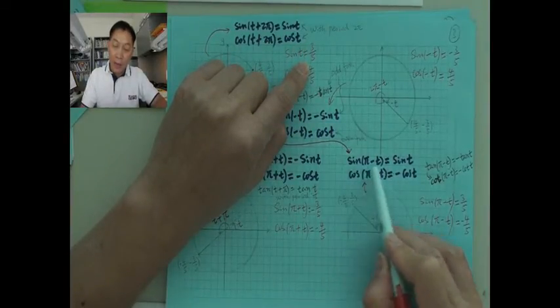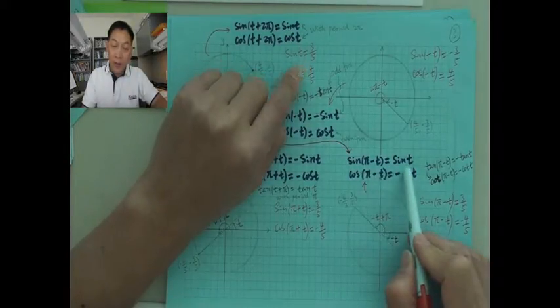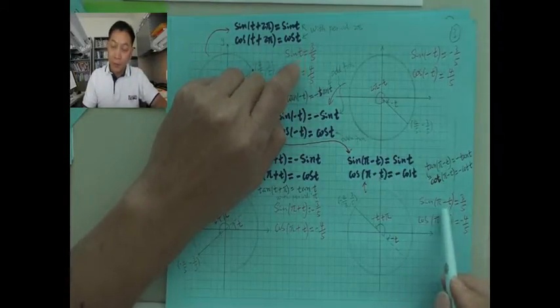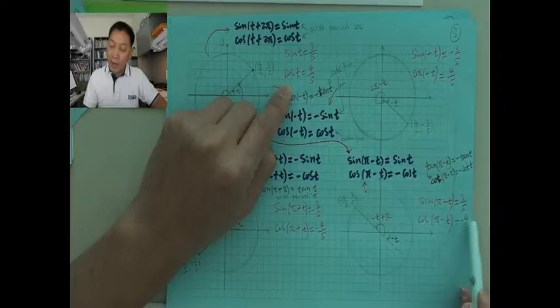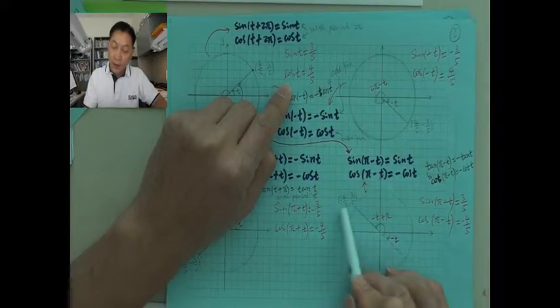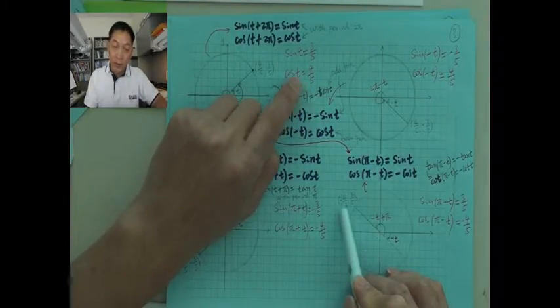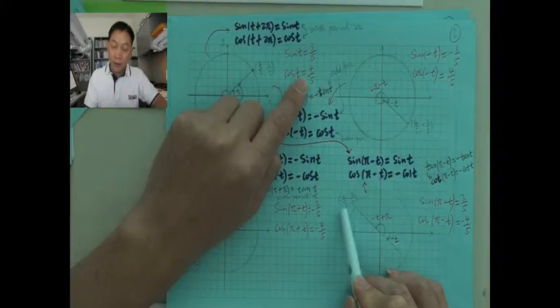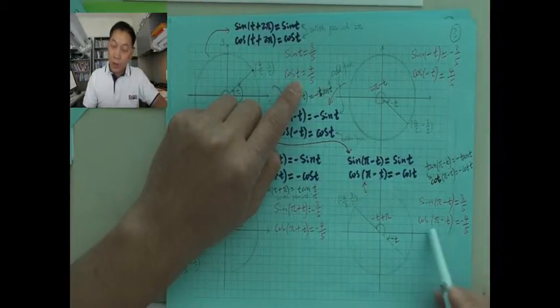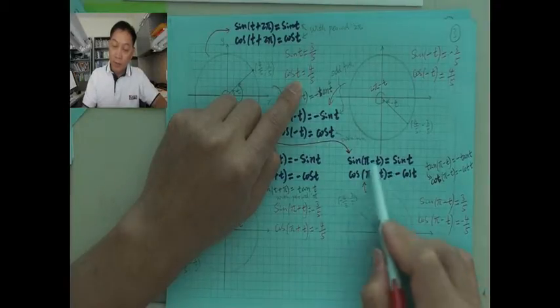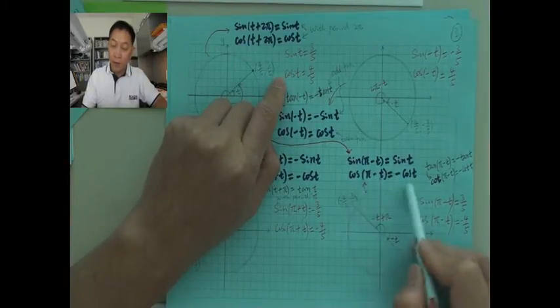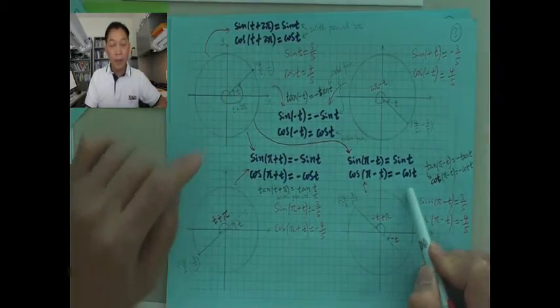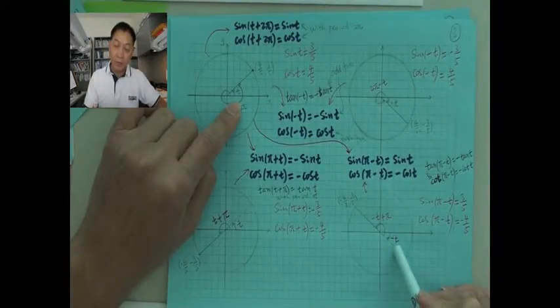Then you write sine pi minus t is sine t. And cosine pi minus t is negative 4 over 5, and here cosine t was 4 over 5 positive. So if you put negative in front of it, then they will be equal. So cosine pi minus t is negative cosine t.